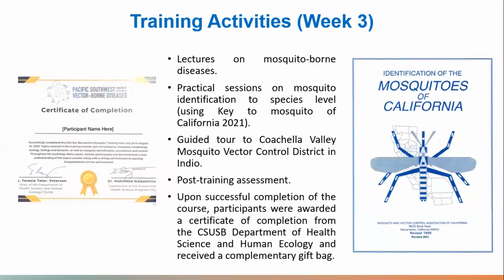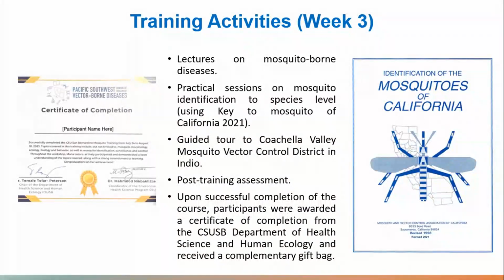Week 3, we switched gears a little bit. The lectures were based on mosquito-borne diseases. They learned a lot about malaria, dengue fever, Zika virus, and West Nile. They also had some practical sessions on mosquito identification using the Key to the Mosquito Identification of California.